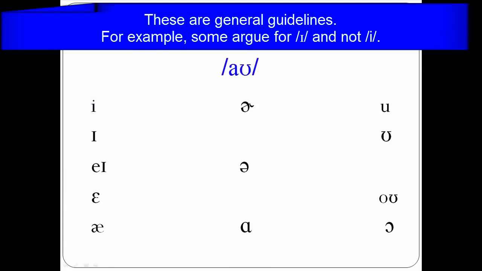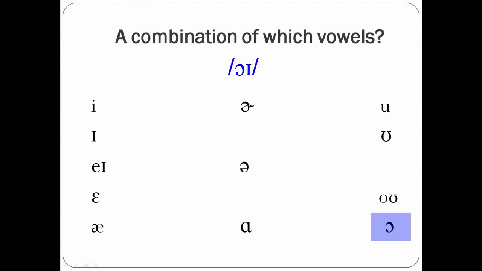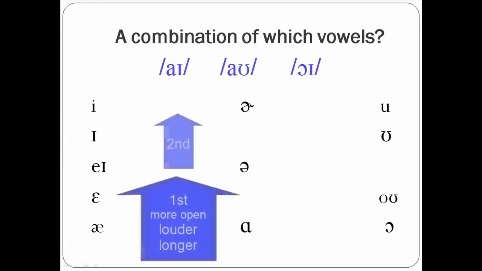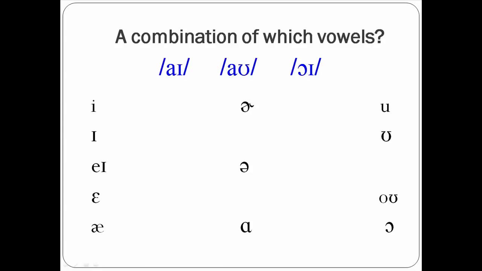For owl, we're moving from here to here, again speaking generally. And for oi, we're moving from here to here, again from a more open position to a more closed position. The first vowel sound is longer and louder, and then we glide into our second sound. Now let me take the time to explain how we produce each of the diphthongs.